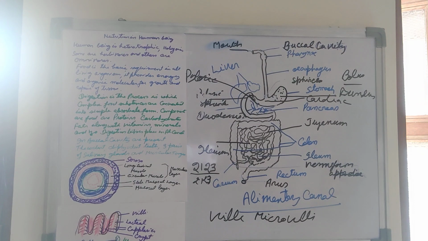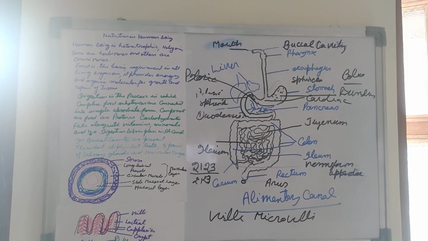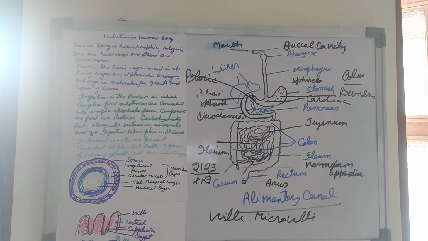This protein digesting enzyme, that is pepsin, functions in acidic medium. So HCl is required to convert the food which is coming from the buccal cavity through the esophagus, which is alkaline, into the acidic form, so that the protein digesting enzyme can function. So HCl is also released, and the protein part of the food is digested to some extent.